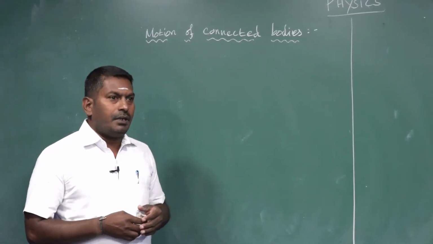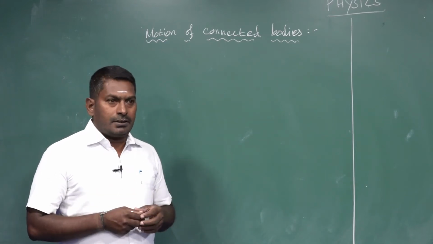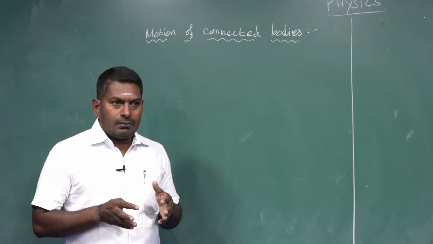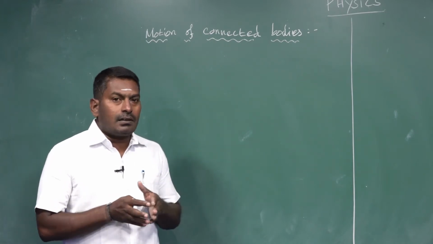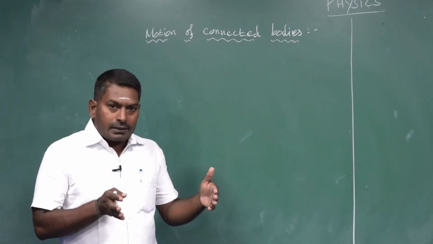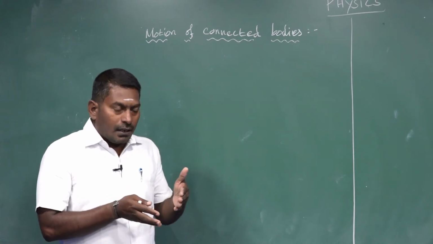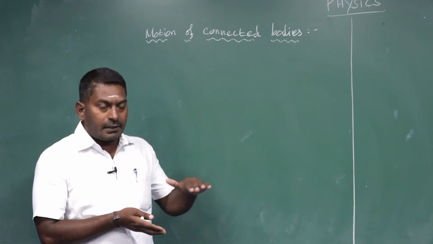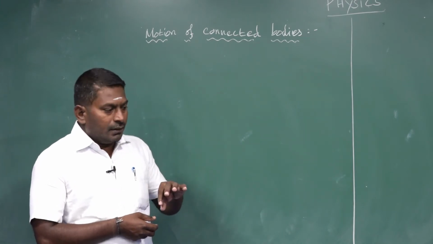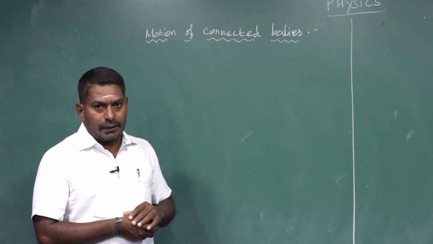In the previous video session, you gained knowledge about the motion of two bodies in contact with each other. When two bodies are in contact and placed on a smooth frictionless horizontal surface, and we apply a force, both objects are set into acceleration with a common acceleration.